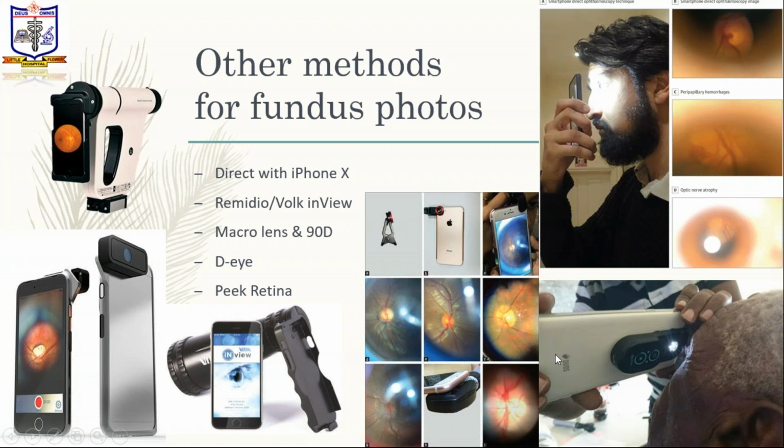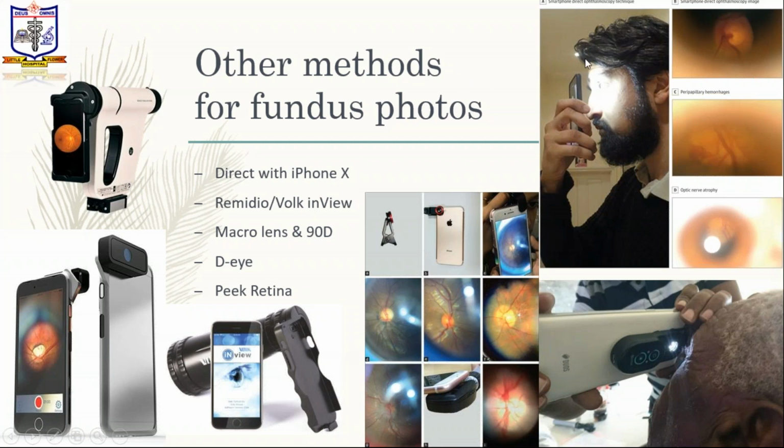These give small fundus photographs, which cover a small area, and these are the kind of photographs you get with that. But with the latest iPhone 10, you don't even need a lens because the illumination is coaxial. So this is, I believe, Dr. Chandra or somebody.